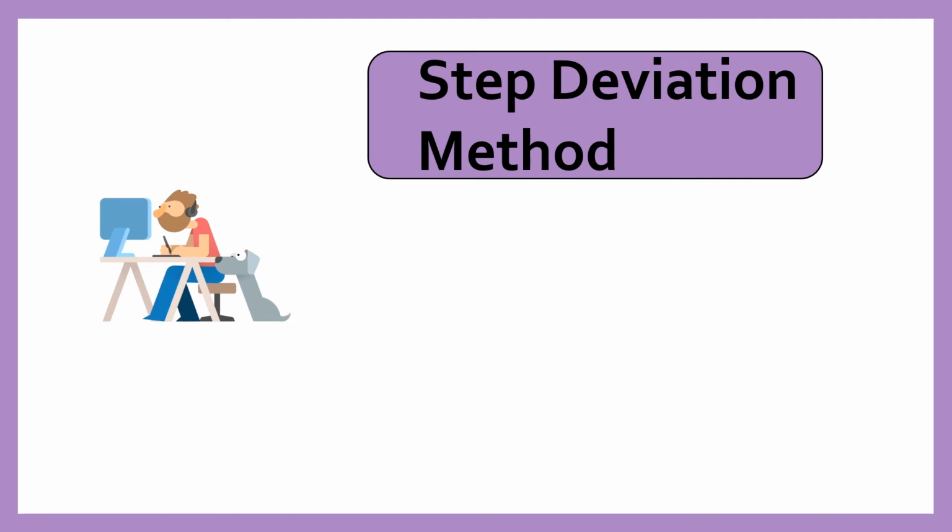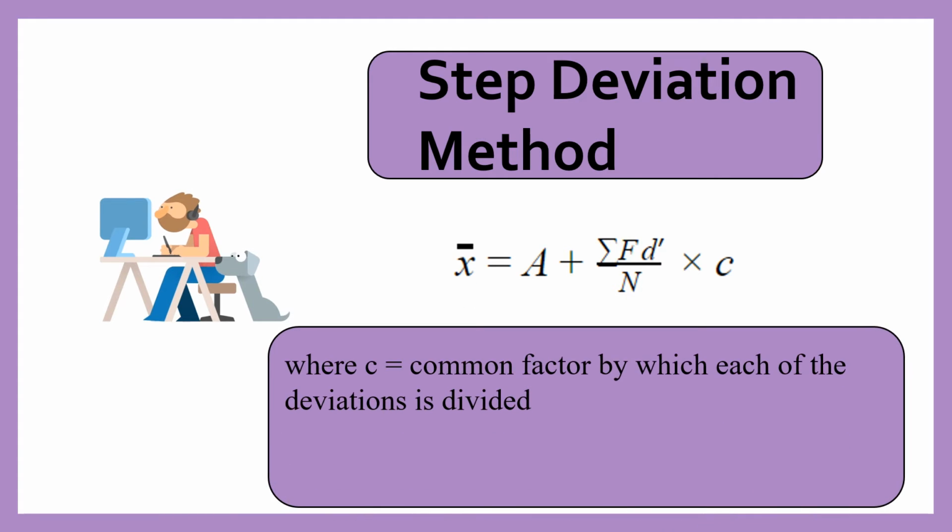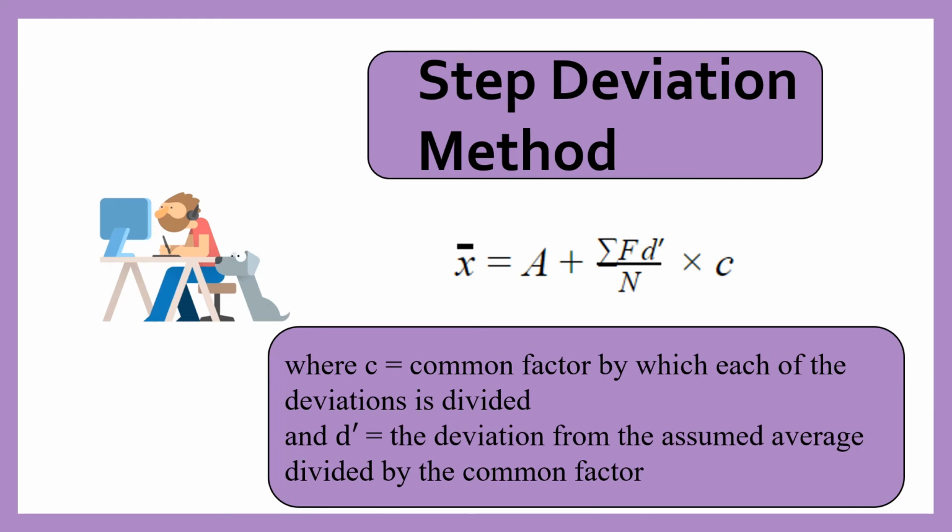The formula is given as under. Now, C is the common factor by which each of the deviations is divided, and D dash is the deviation from the assumed average divided by the common factor.